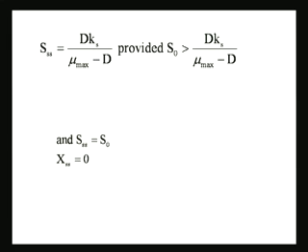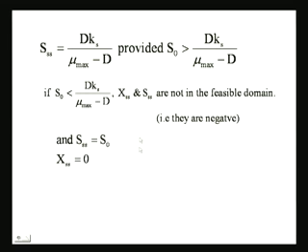Okay. So, the steady state solution for the substrate now is given by dKs over mu max minus D. So, this has to be satisfied, S naught greater than dKs over mu max minus D. Okay. Because mu max is greater than D, the denominator is positive.